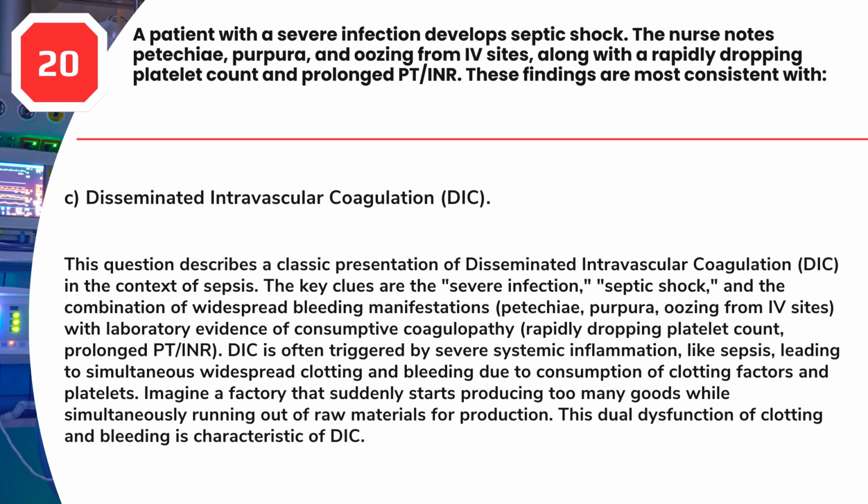DIC is often triggered by severe systemic inflammation, like sepsis, leading to simultaneous widespread clotting and bleeding due to consumption of clotting factors and platelets. Imagine a factory that suddenly starts producing too many goods while simultaneously running out of raw materials for production. This dual dysfunction of clotting and bleeding is characteristic of DIC.